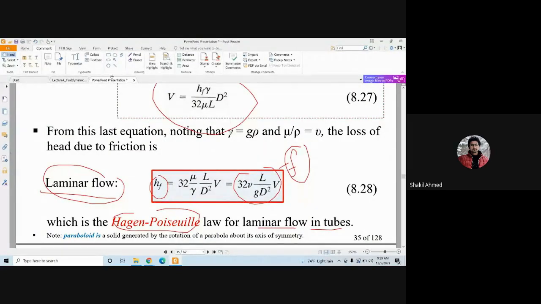So for laminar flow, this is the equation. HF equals to this. Previously, this was what? HF equals F into L by D into V square by 2G. This is for turbulent flow, right? This is for turbulent flow, and this is for laminar flow. Clear? Yes, sir.